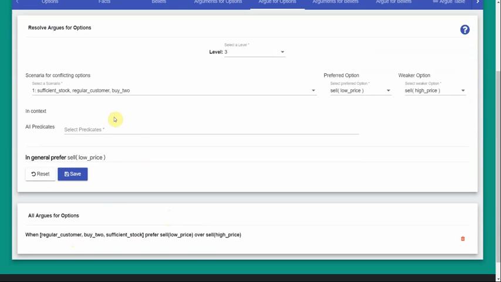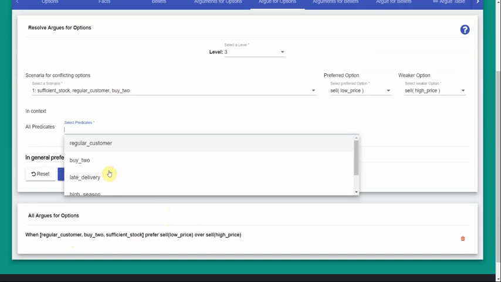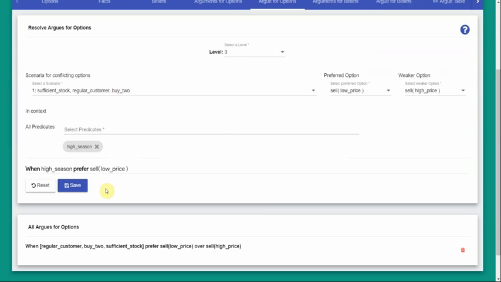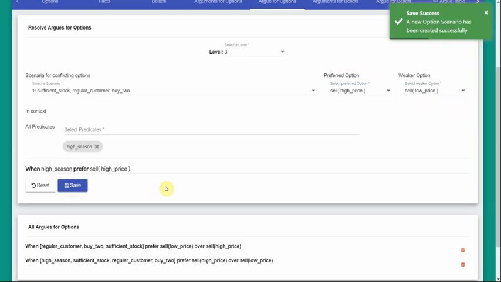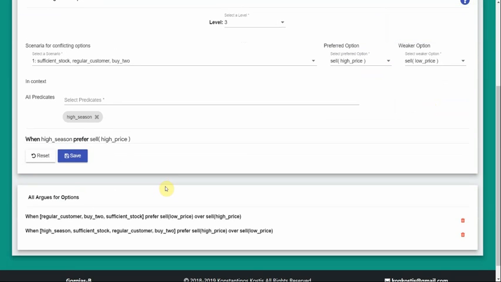Is there an exception now? Yes, there is. If it's a high season, even if a regular customer wants to buy two items, I want to sell at high price. I prefer to sell at high price over low price. So I save this preference. Okay?